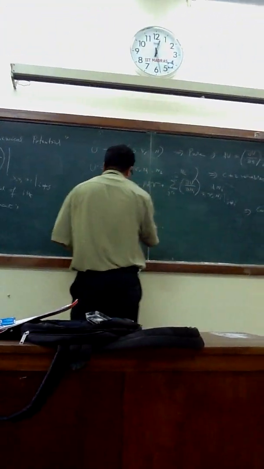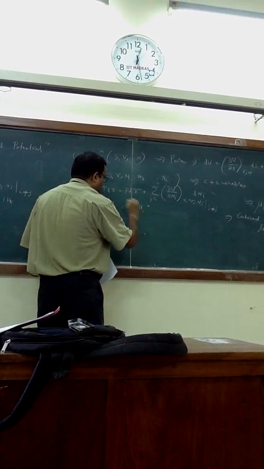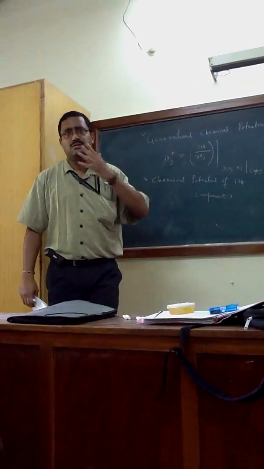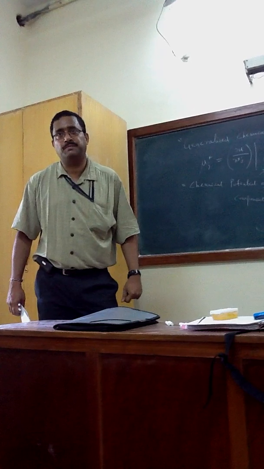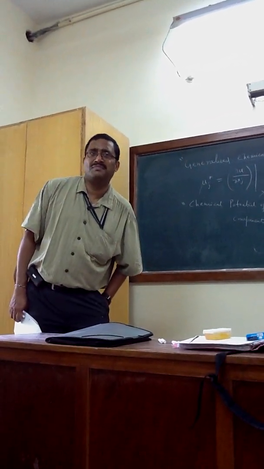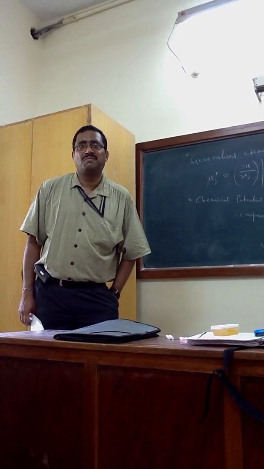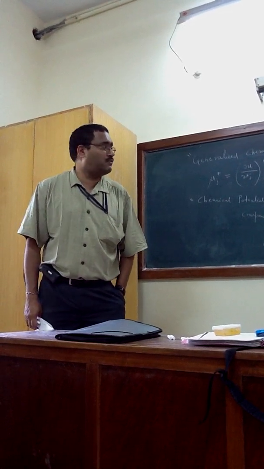Next question comes. This we have not seen earlier at BTech level. You didn't even know whether something called generalized chemical potential existed the first time. Are they same? If they are not same, what's the relationship?